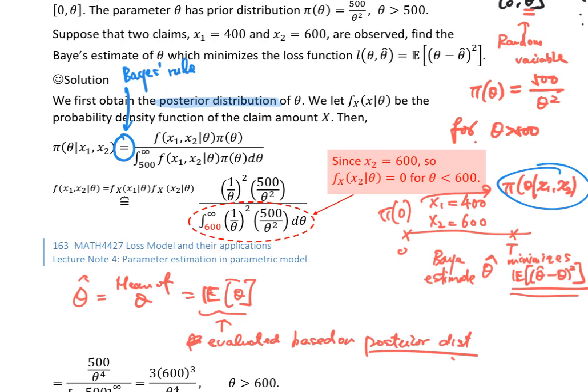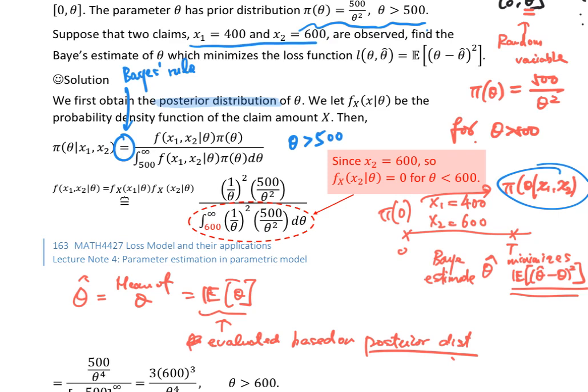Of course, initially we expect that theta can be any number greater than 500, according to what we got here. But actually, given these two observations, the observations will also tell you the correct range of theta.